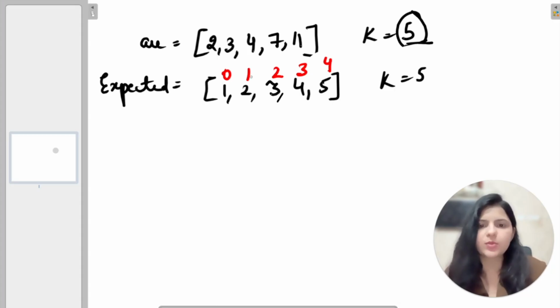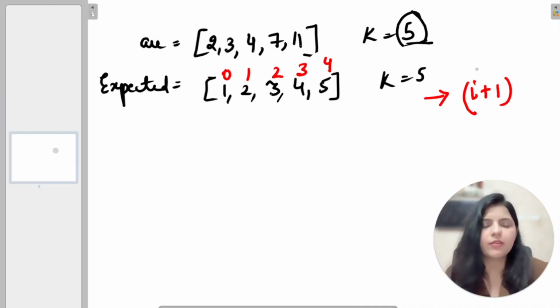For index 1, you are expecting number 2. For index 2, you are expecting number 3. So that means for each index, you are expecting number I plus 1, right? For I0, 1. For I1, 2. So for each index, you are expecting number I plus 1, right?